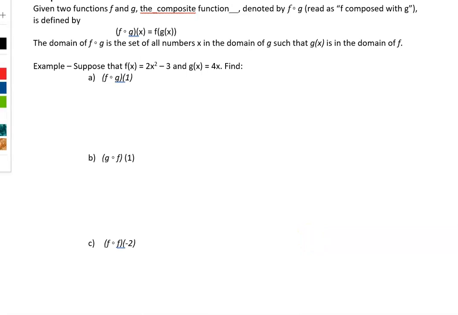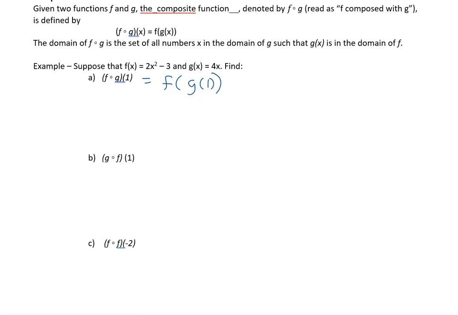Well, remember that by definition, f composed with g of 1 simply means that we're going to take f of g of 1. So we're going to use 1 as the input for g, and then whatever we get out is what we're going to use as the input for f.